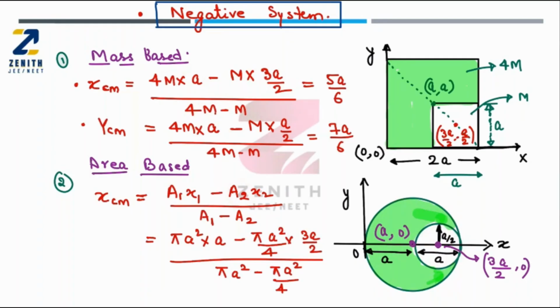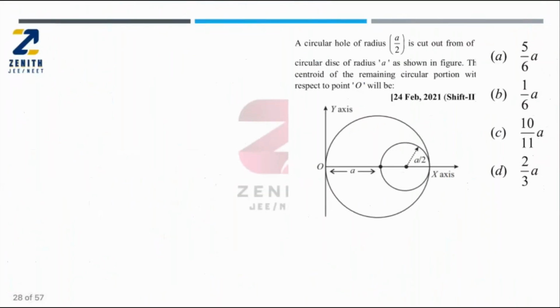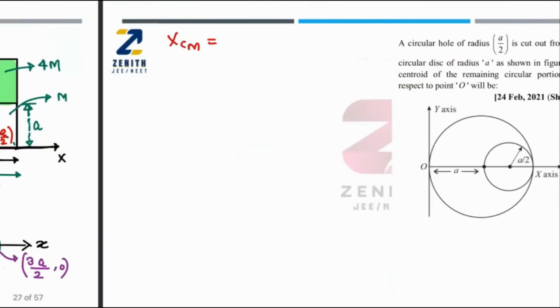The same problem was asked in JEE 2021. I will show you that question. This is the question. Same question they have asked in JEE 2021. A circular hole of radius a by 2 is cut from a circular disc of radius a as shown in the figure. The centroid of the remaining circular portion, the XCM, what is this value?